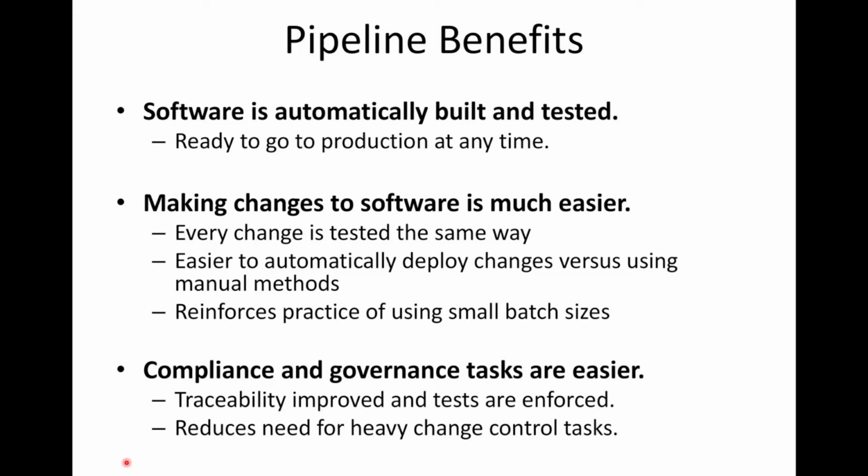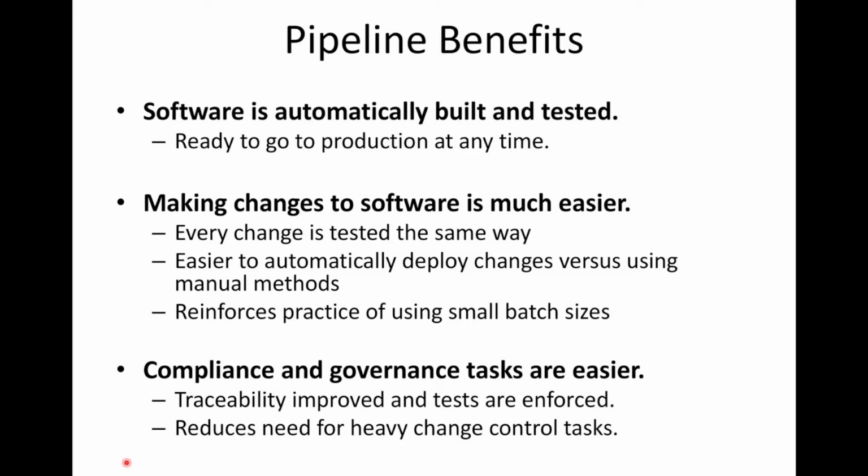The deployment pipeline has a number of benefits. Every single time we make a code change, our software is going to be automatically built and tested. That means that we know if our software is ready to deploy into a production environment. And every single change we make is tested over and over and over again.